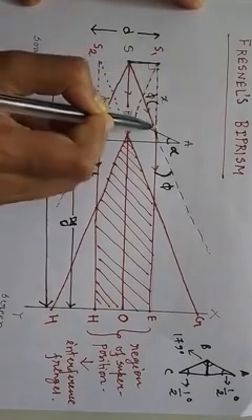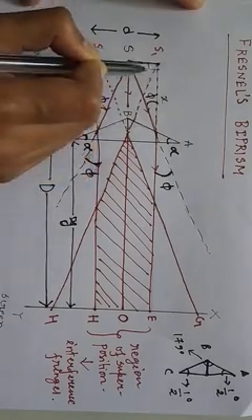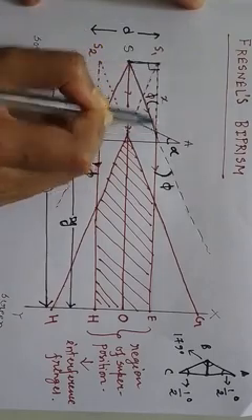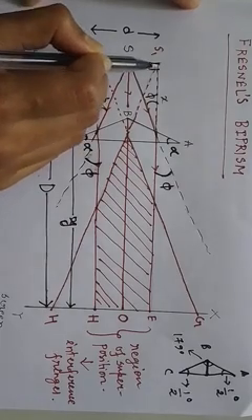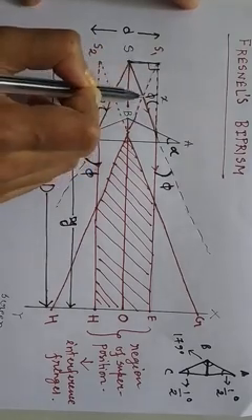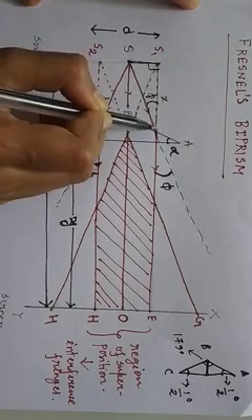From this triangle, this is the hypotenuse, this is the right angle, and this is the base, and this angle is phi. So perpendicular by base is tan phi. So tan phi is equal to S1 divided by x.